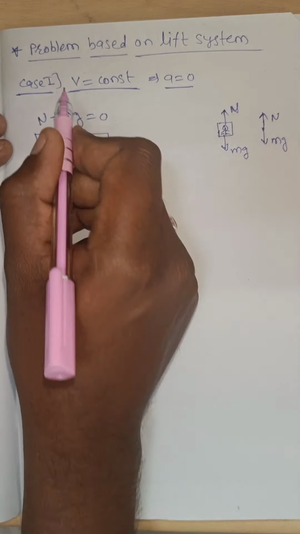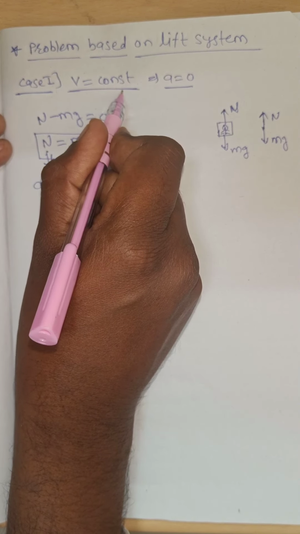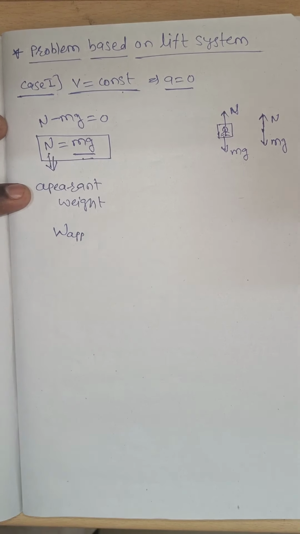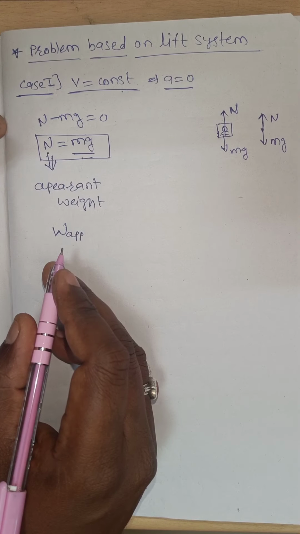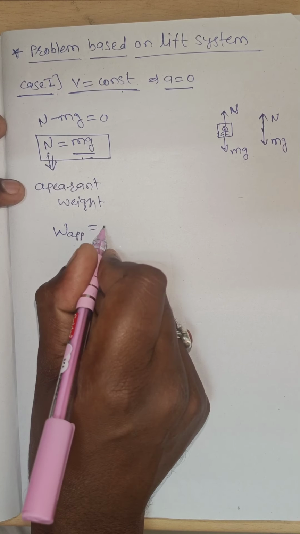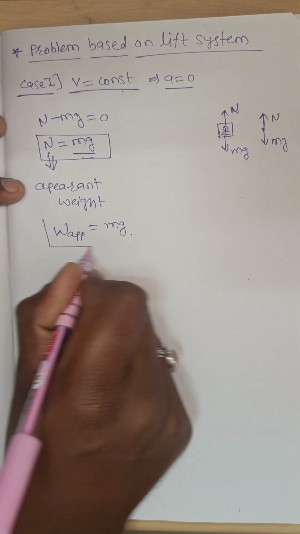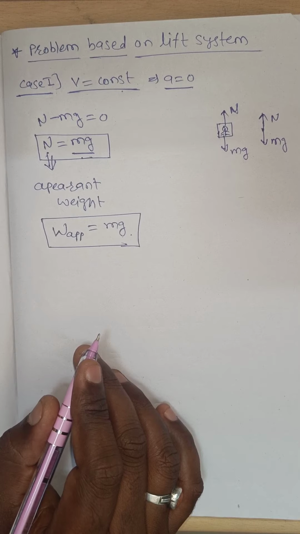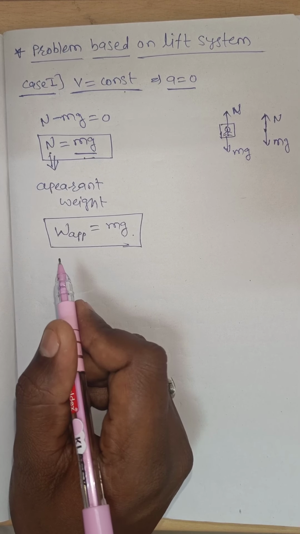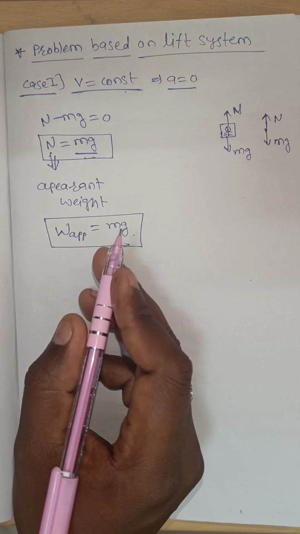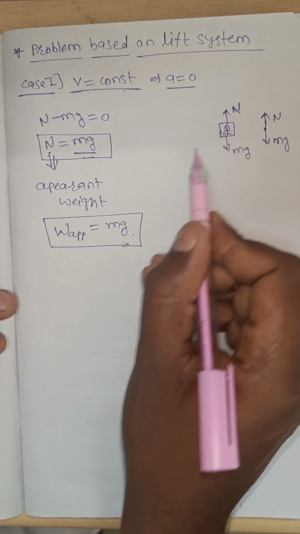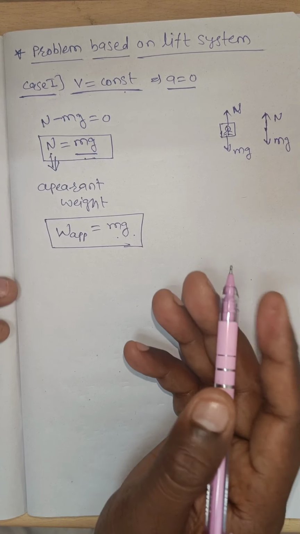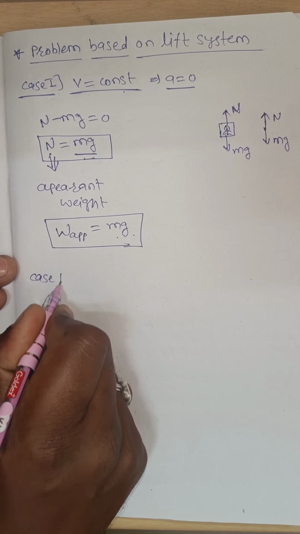So when a lift is traveling with a constant velocity, the acceleration is 0, and the apparent weight of the person sitting or standing inside the lift is mg. Apparent weight means the weight felt by that person, so the person inside the lift feels the weight as m into g.